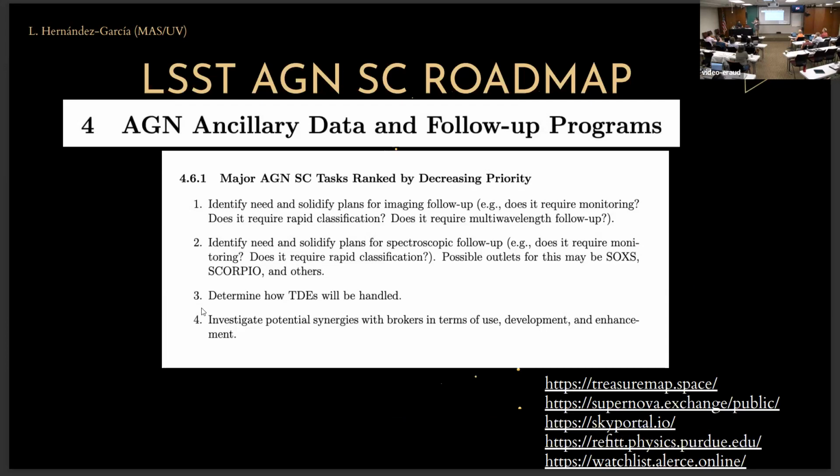Well, I put here a few websites that are already developed, and these are mostly used by people doing supernova science. But I think we will need to start on these kinds of things for the very near future.